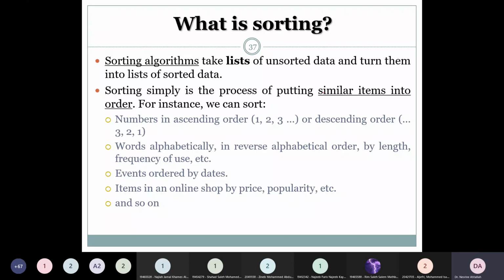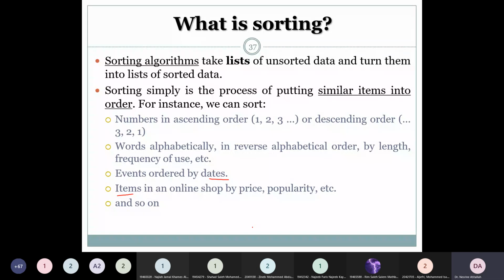For example, we can sort numbers in ascending or descending order. We can sort words alphabetically or in inverse alphabetical order, by length, or by frequency of use. We can sort events ordered by dates. We can sort items in an online shop by price, by popularity, and so on. So these are examples of sorting.